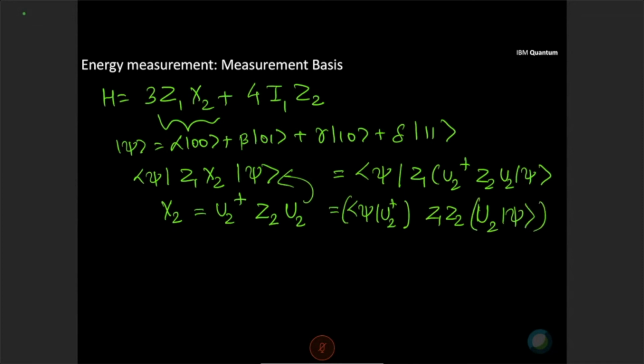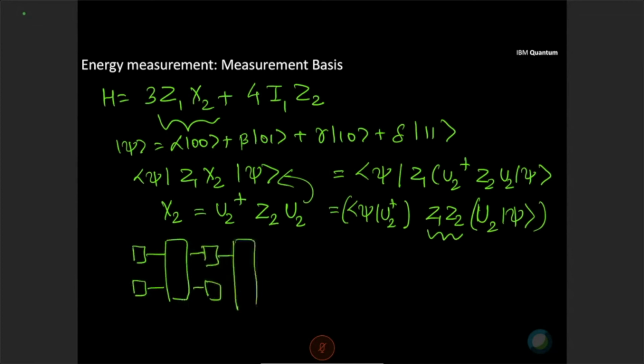Okay, so what does this mean? It means that now you can measure in the Z basis again, but then you have a slightly different circuit, a slightly different state. So how was psi constructed? Psi was constructed using some circuit like this, for instance. Say it was depth 2.